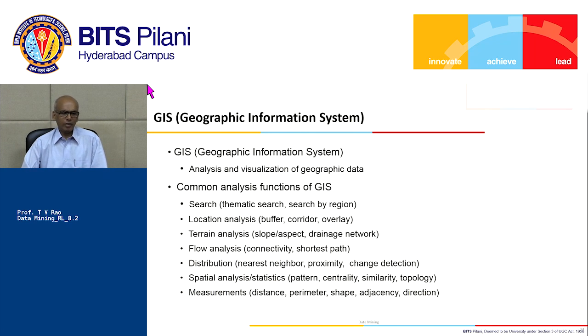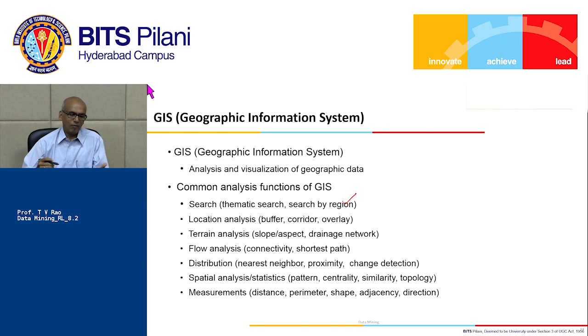And when we are using geographic information systems, which are a wide bulk of the spatial data, we look for a specific region, and we also do a location analysis to find out if a corridor or a buffer exists. For example, if there are two regions or locations between which there is a mountain, that will be a point of interest.